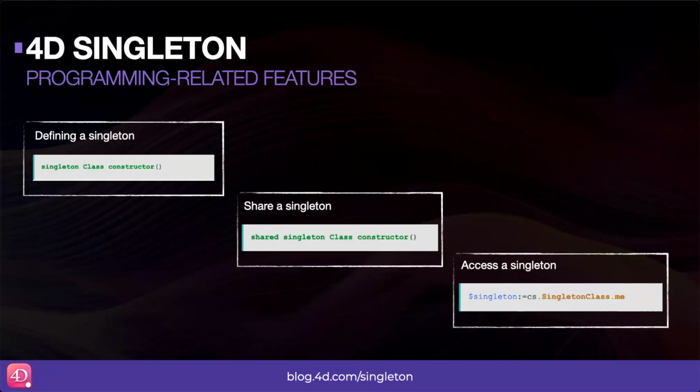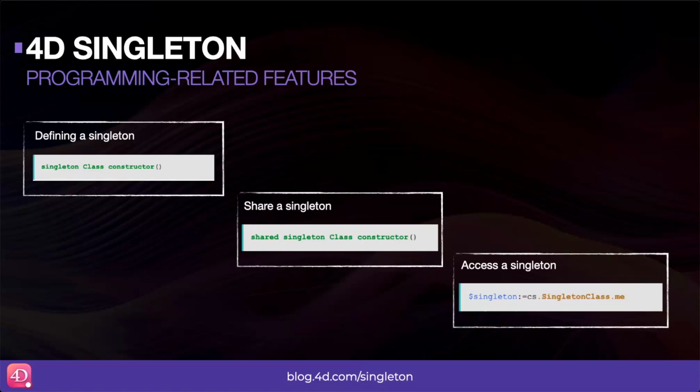They offer a multitude of functionalities, serving as hosts for interprocess values and utility classes, and even as fundamental elements for design patterns, such as the factory pattern, for example. They come in two types: regular singletons, which are unique per process, and shared singletons, used with shared classes, which are unique to the whole application.